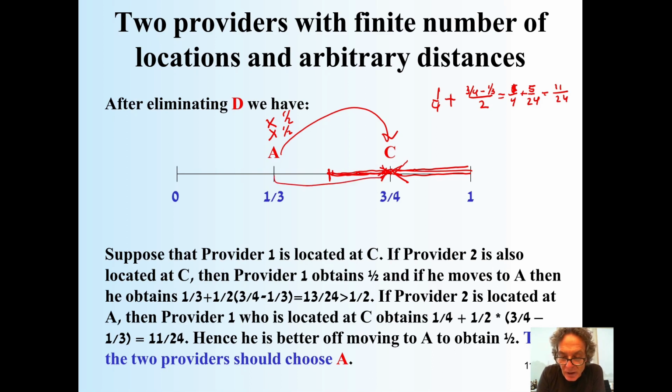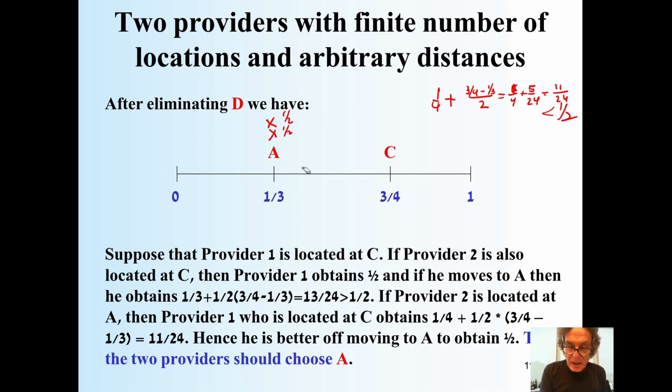It is 3/4 minus 1/3, and I have to divide by 2. So 9 minus 4, 5/12, divided by 2, 5/24, plus the quarter. 24 divided by 4, 6 plus 5, 11. This is smaller than half. I have no incentive to deviate. This is an equilibrium, but maybe there are others.